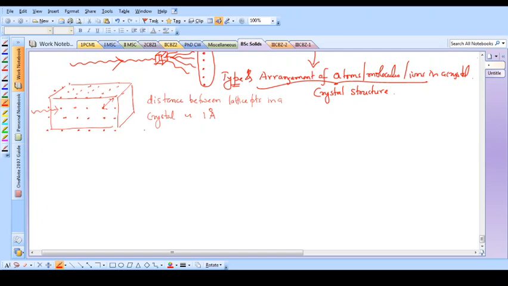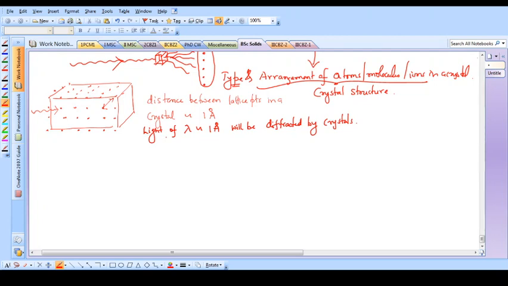Therefore, light of wavelength approximately 1 angstrom will be diffracted by crystals. So as per the condition for diffraction, in order to get a diffraction pattern from a crystal, we have to use light whose wavelength is roughly 1 angstrom.